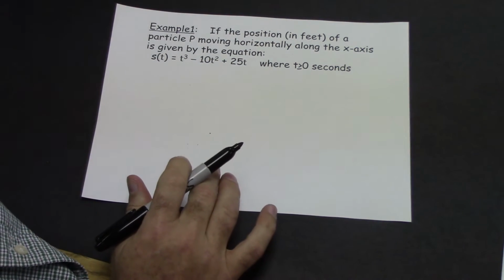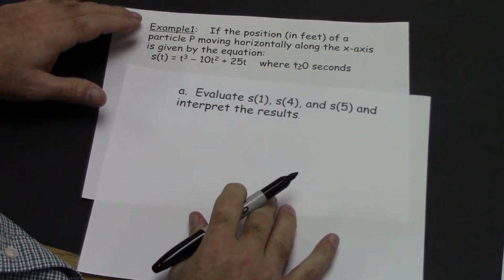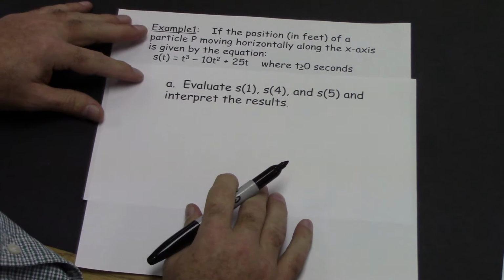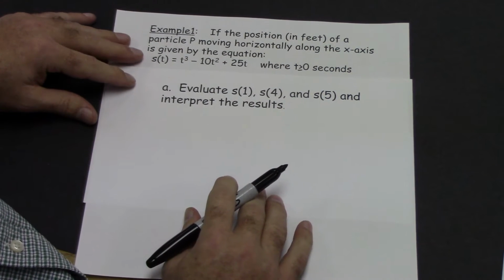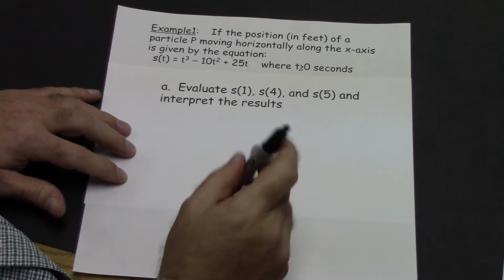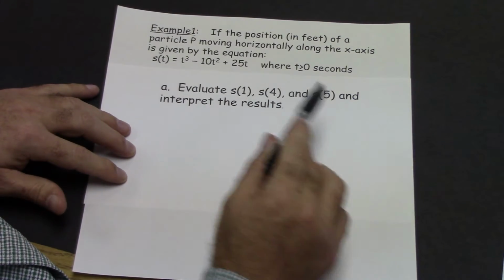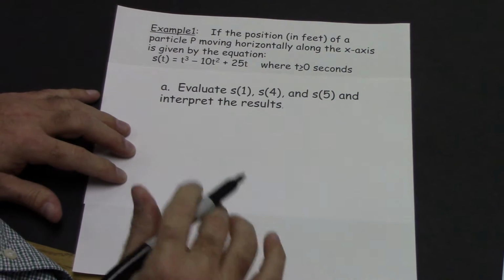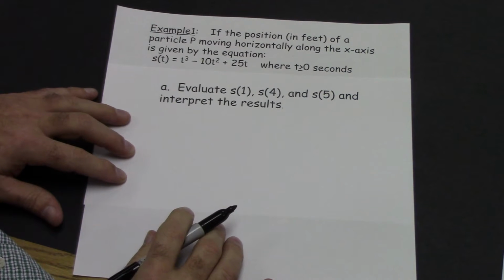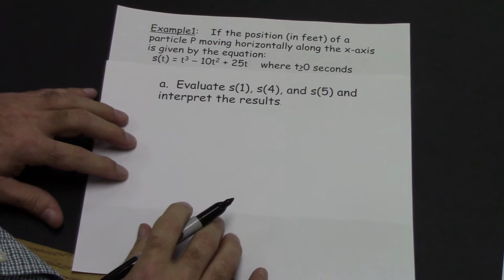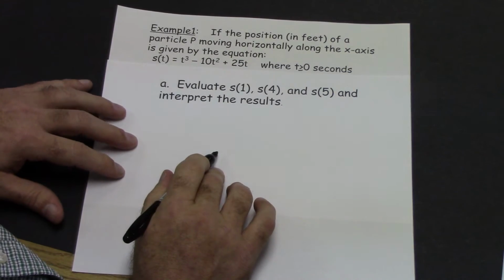Now, a couple of parts to this problem. Here's the first part, part A. First, let's evaluate the position at 1, the position at 4, and the position at 5, and interpret the results. Let's take a look at the position of the particle at 1.